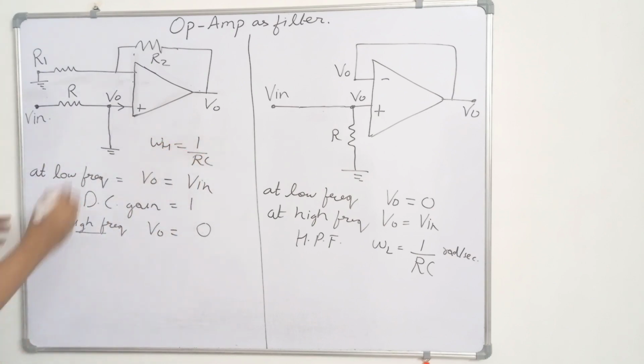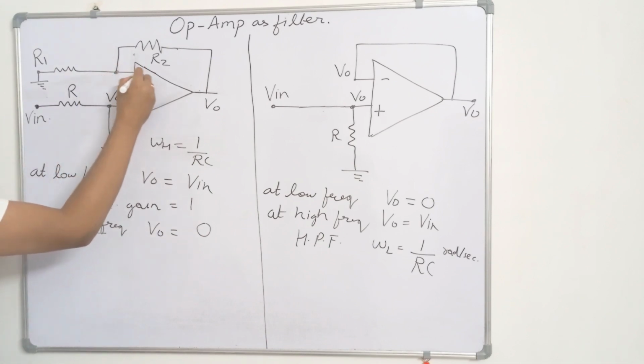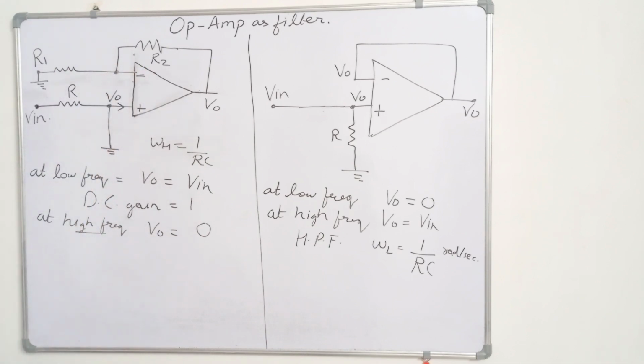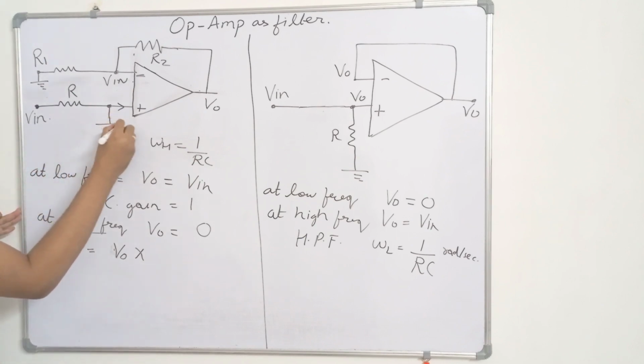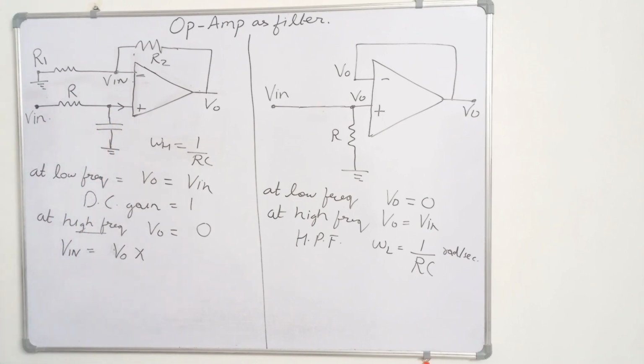And in this figure let this be the voltage of the inverting terminal. So V in is equal to V naught into, this voltage is V in. Now this will not be V naught. So this is the complete figure.